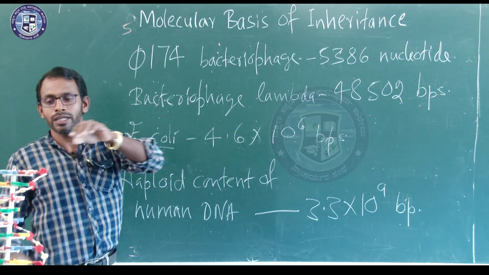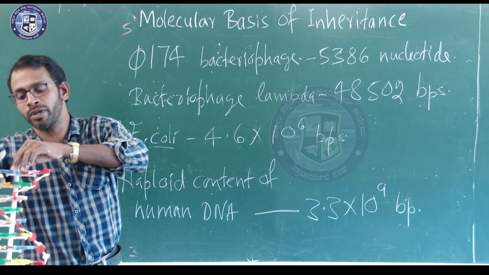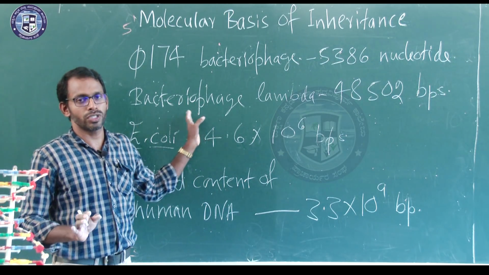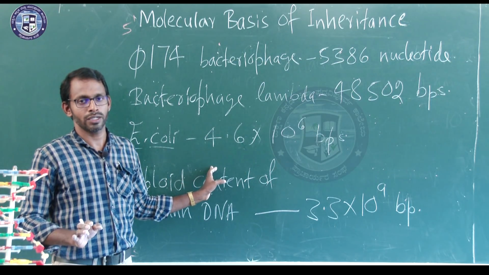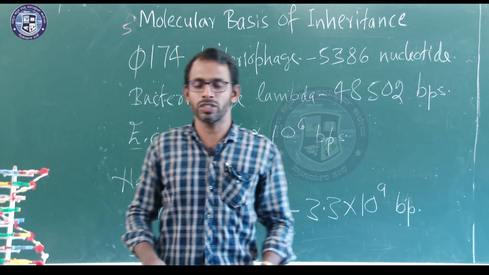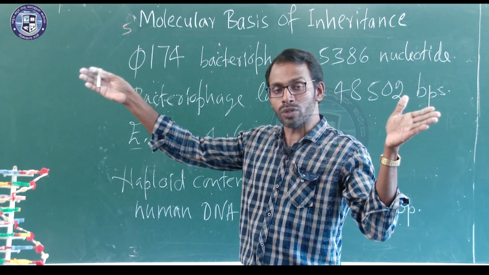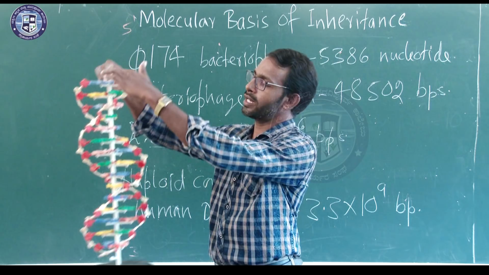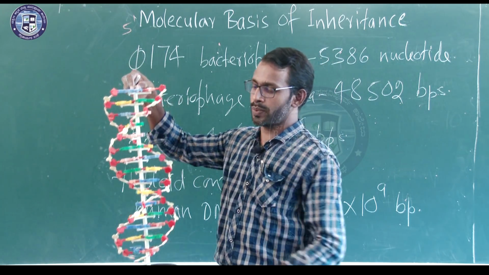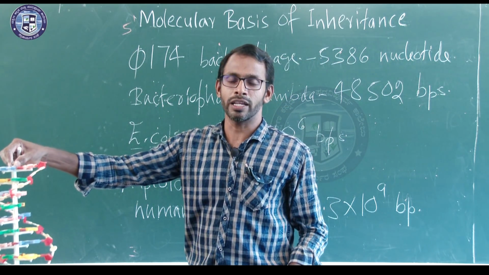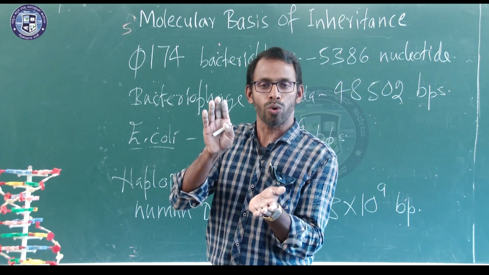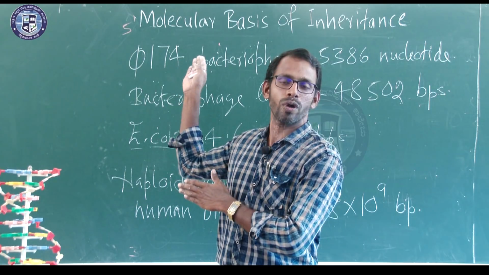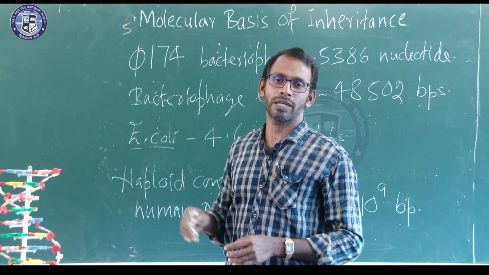At the same time, the pattern of arrangement of these base pairs also varies from species to species. This variation with respect to the length of the DNA as well as the pattern of arrangement of base pairs makes the DNA store different information related to different characters.